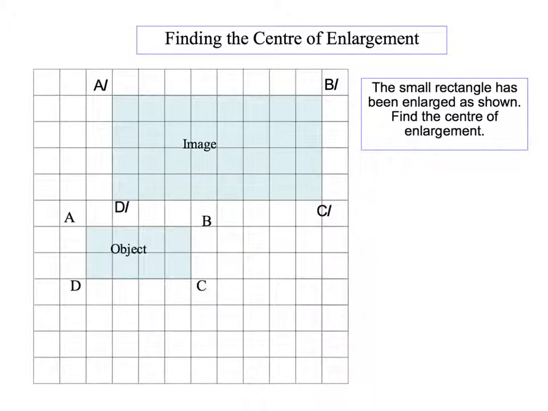You could be asked to find the centre of enlargement given the object and the image. So the first thing you do is line up 2 points. Point A of the object and A of the image, and draw a ray line through it. You can then find points B on the object and the image, and again draw a ray line through it.